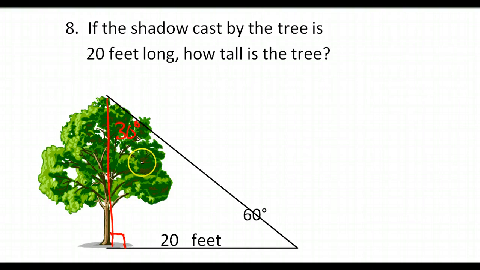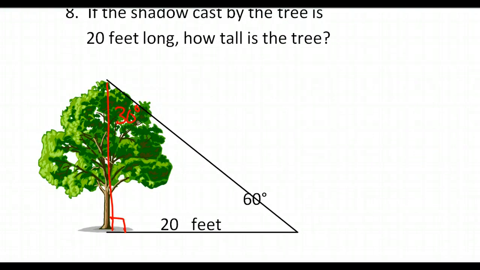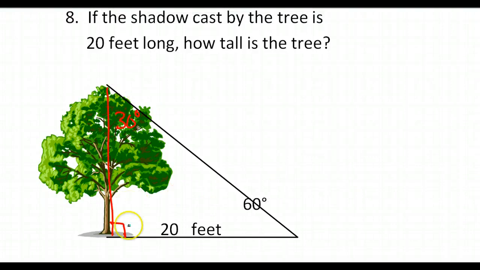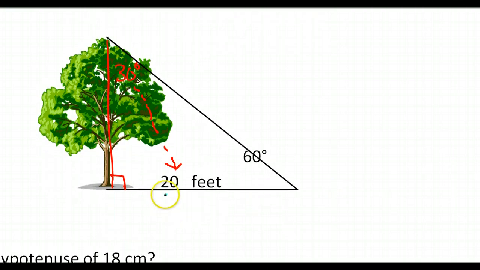Be careful. This drawing is definitely not to scale, because it looks like this altitude I just drew is the shorter leg. But it's not the shorter leg. It might be shorter on the paper, but that's what I mean when I say the drawing is not to scale. The short side is always across from the 30 degrees. So that means this is the short leg over here, short.